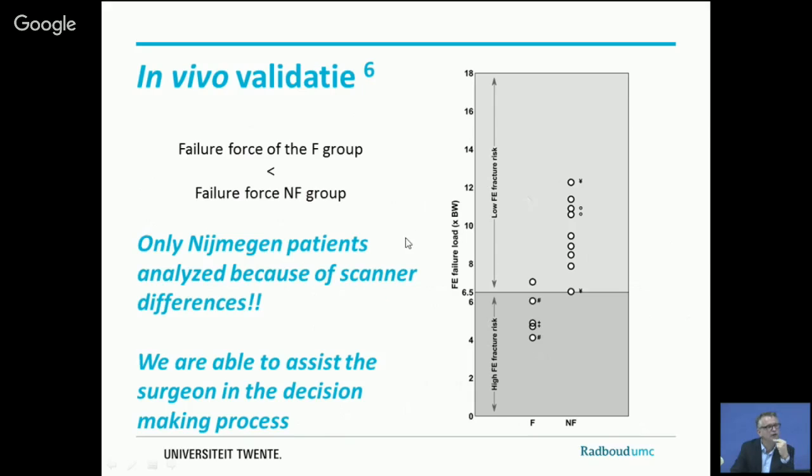The other 2 centers were not reliable because they have different CT scanners, we discovered, and the different CT scanner gives us different mechanical properties for the bones. So we use all kinds of calibration phantoms, and still it's not reliable. So currently we are going back to these 2 centers to make sure that we get adequate bone mineral density values. So we kind of recalibrate their CT scanners.